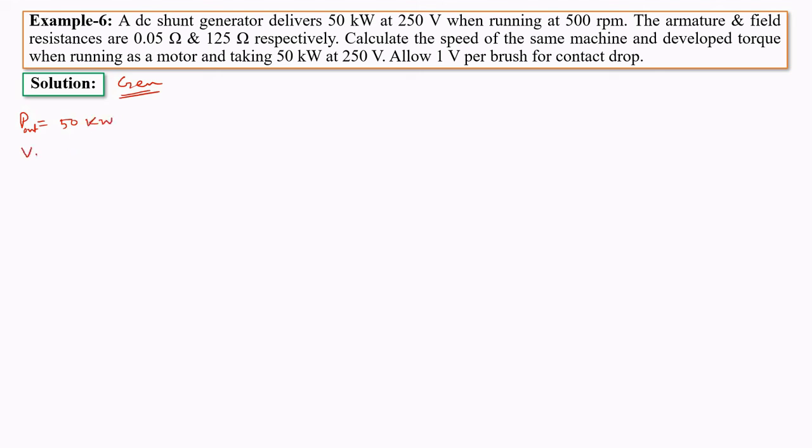The voltage across the load is 250 volt, and the speed of the generator is 500 rpm. The armature resistance is 0.05 and shunt field winding resistance is 125 ohms.